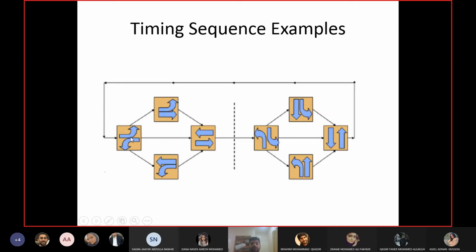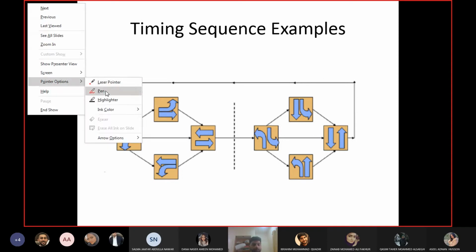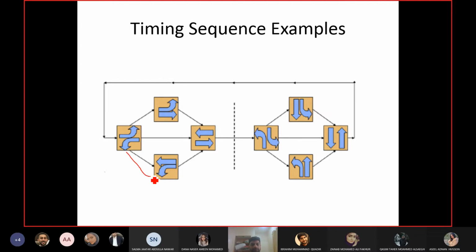Obviously, you may feel, for example, that the left turning movement going from east to south is higher. Then you may continue this movement in the next phase as well. So it will go like this, and then here.